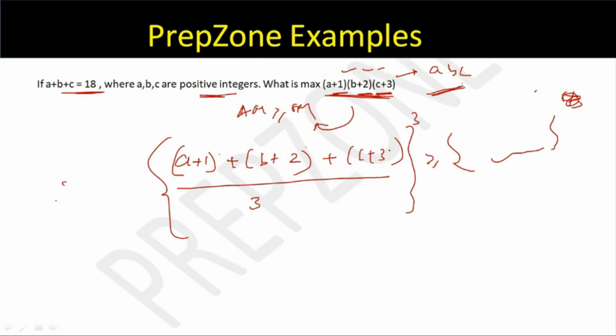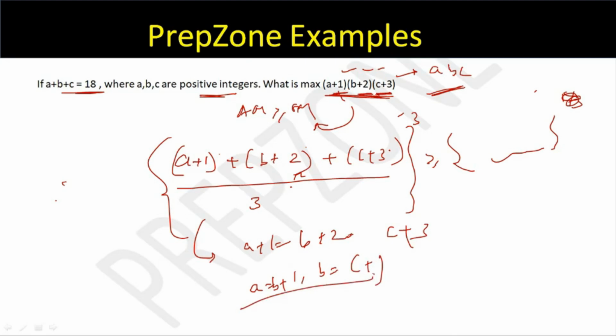So here, if I ask you this question, ki, when will this happen? This will happen when the variables will be equal, which means a plus 1 is equals to b plus 2 is equals to c plus 3. When this happens, then whatever you're saying will make sense. So a has to be b plus 1 and b has to be c plus 1. Then you can put these values here, find the values for a, b, and c.